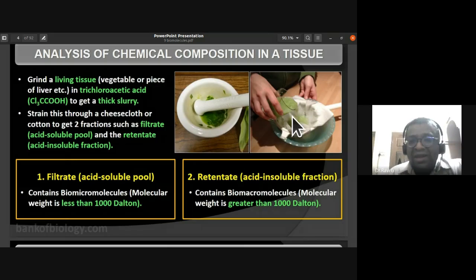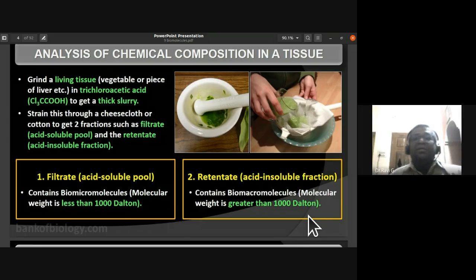The retentate, which is found above the cheesecloth, is the acid insoluble fraction, and it contains biomacromolecules. So the acid soluble pool contains the biomicromolecules. The acid insoluble fraction contains biomacromolecules where the molecular weight is greater than 1000 Daltons.